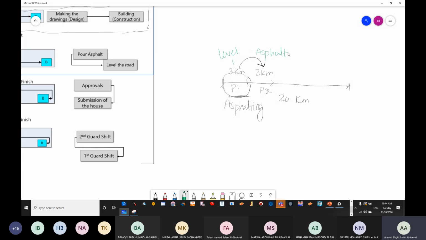I need to go and do the asphalting for the second part, and then the third part, and the fourth part, and it goes on. Now, if I have finished the asphalting for part number 1, shall I wait for all the parts to be finished with asphalting and then I start the leveling? Or I can start the leveling after finishing one part of asphalting?